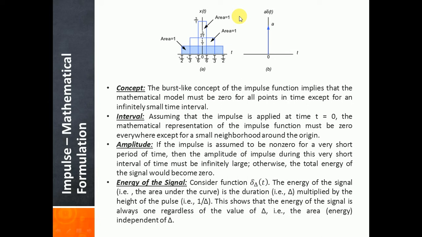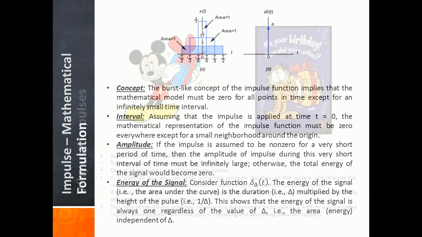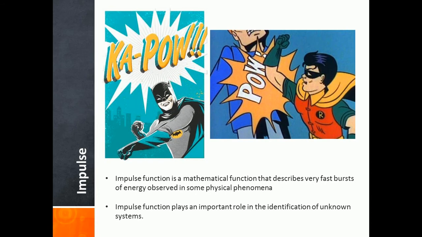In all three instances shown in diagram A, the energy of the signal is independent of the time duration and of the amplitude. The energy of an impulse is 1. The concept is the same as Batman hitting someone and you hearing kapow.